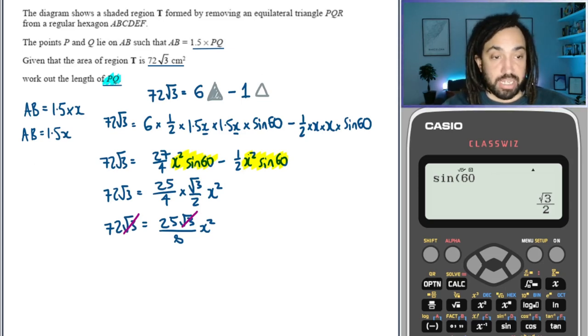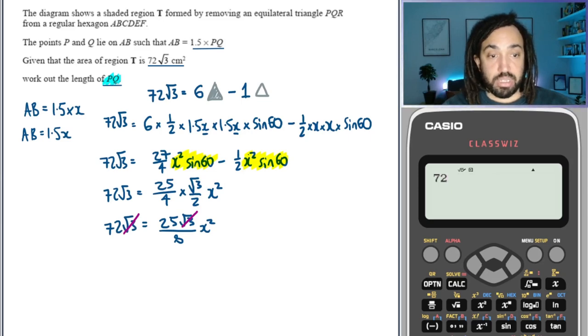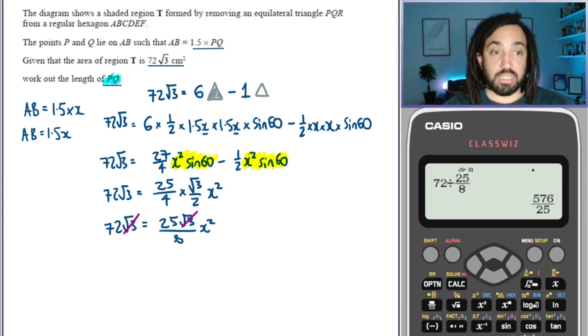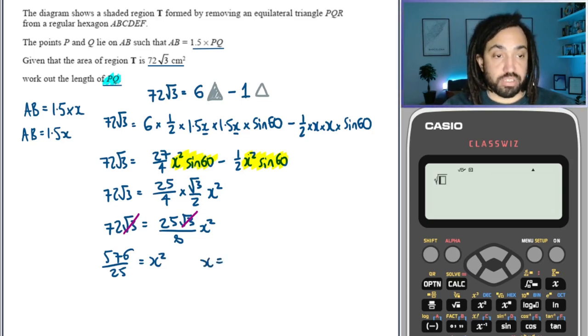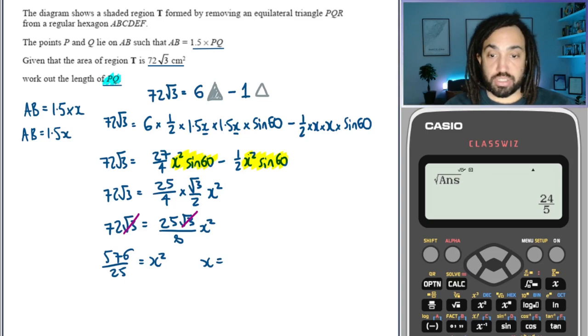And then we can take that 72 and we can divide both sides by the 25 over 8. So we get this. So we get 576 over 25 is equal to x squared. So therefore x is equal to the square root of this, which is 24 over 5.